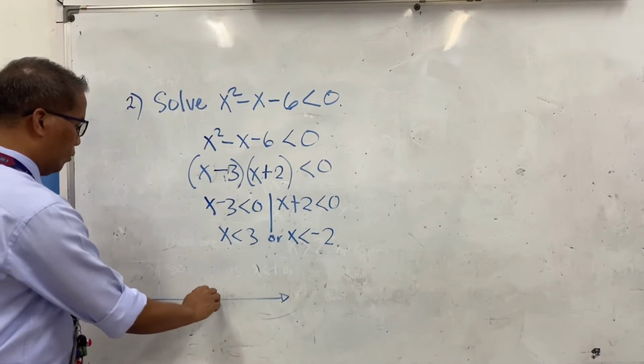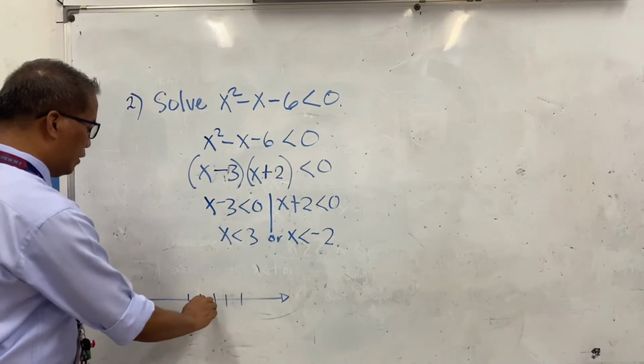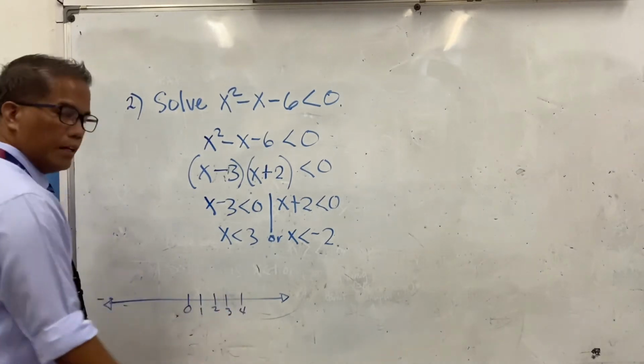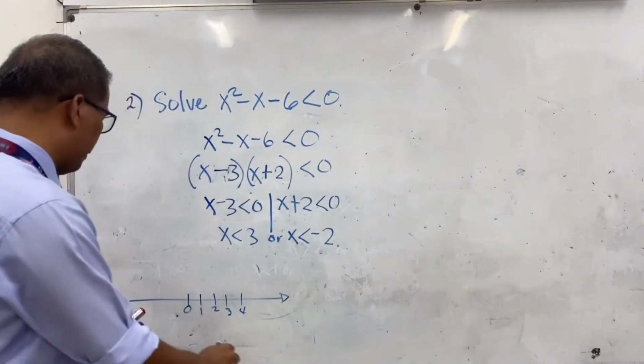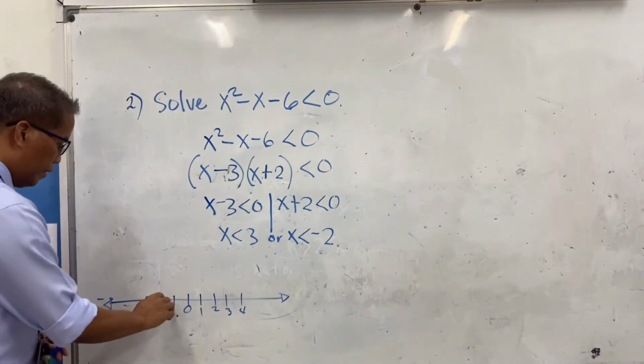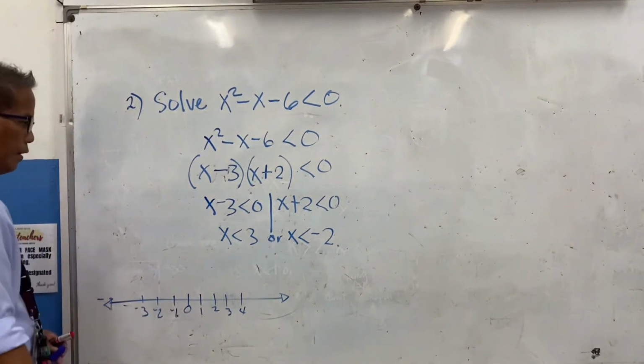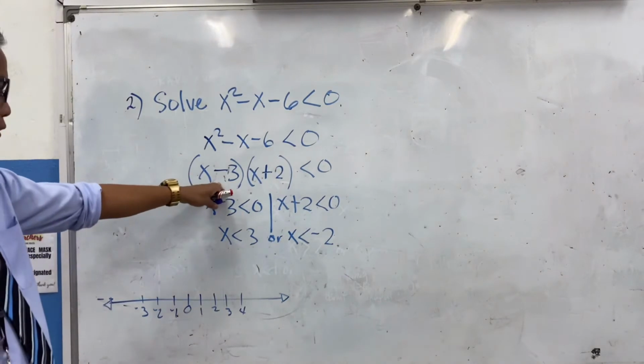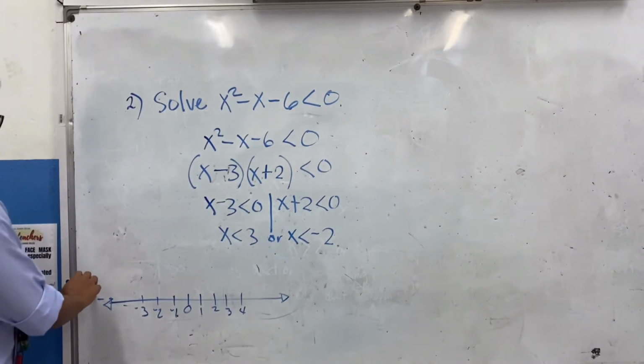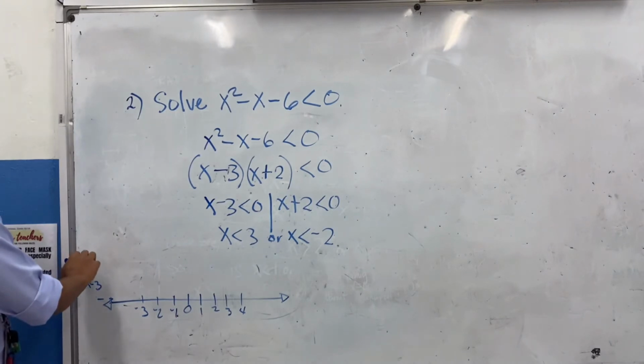Then 1, 2, 3, 4. Then at the left, we have negative 1, negative 2, negative 3. Now, let us use these factors: x minus 3, then another one is x plus 2.